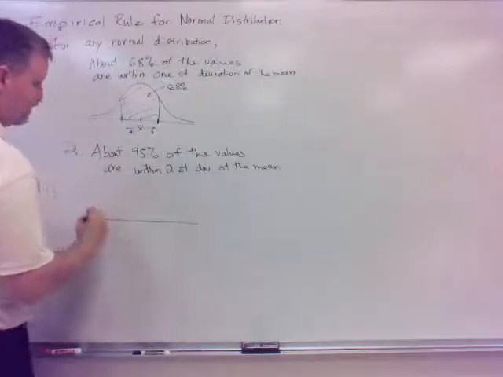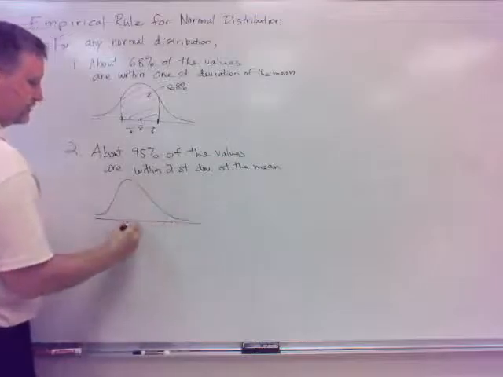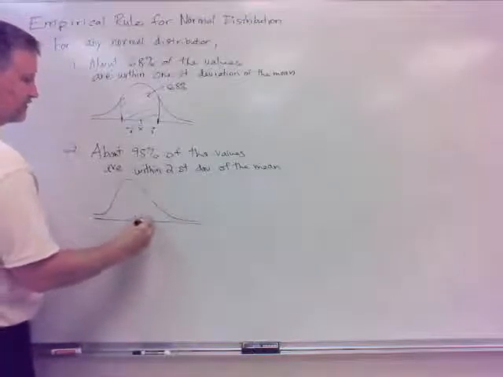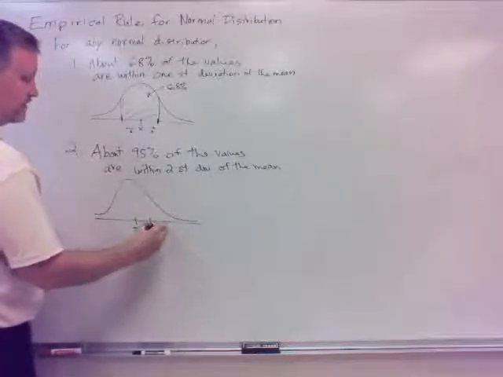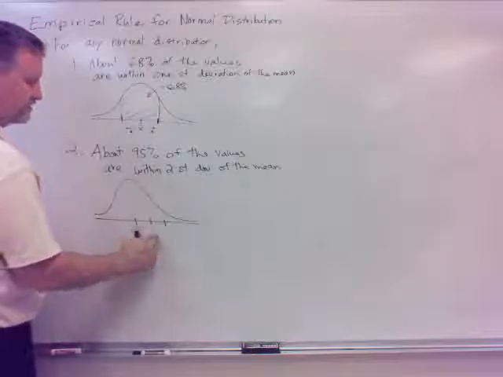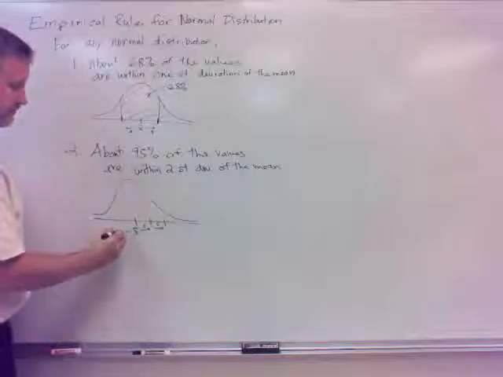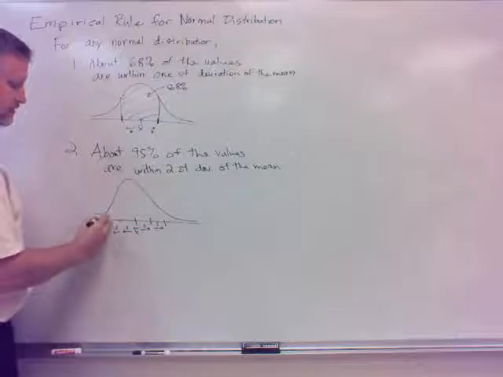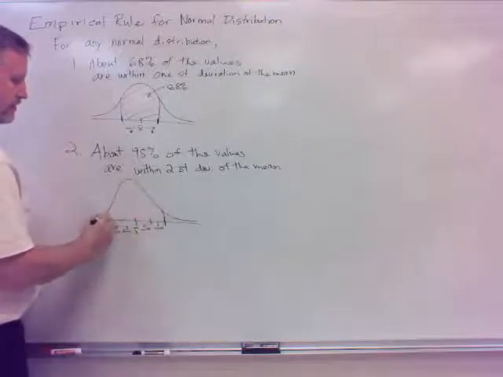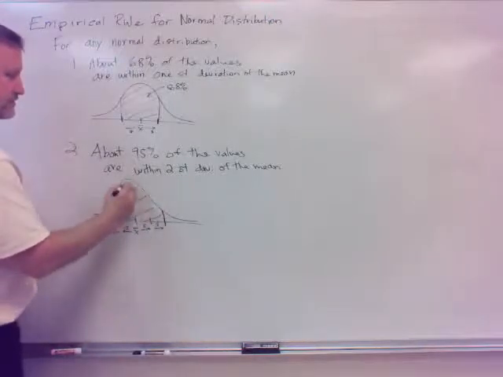So if I go, here's my x bar, one standard deviation, and then another standard deviation, I'm going two, forwards and backwards. One, and then another one. So I'm going from here all the way to there. That percentage is 95%.